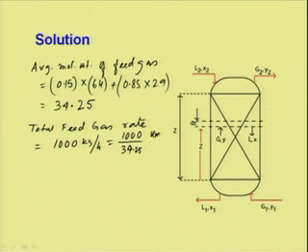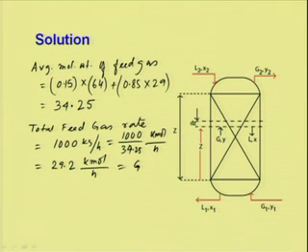This will be kilomole per hour. So, this is equal to 29.2 kmol per hour. This we can define as G1.